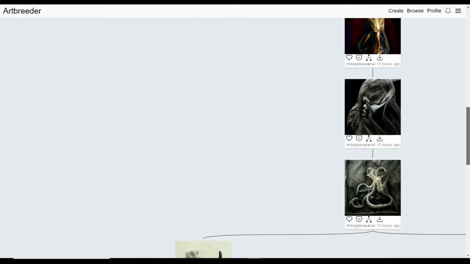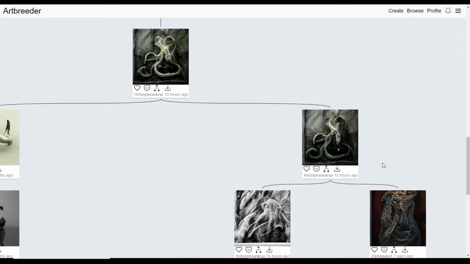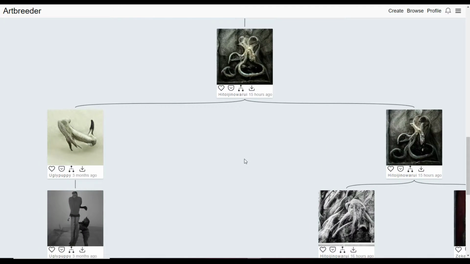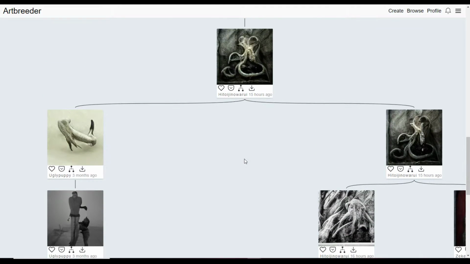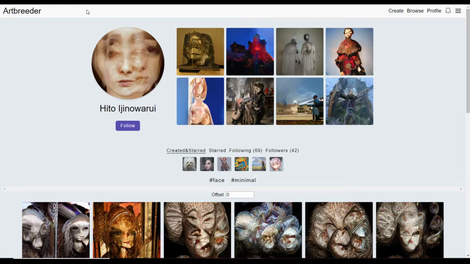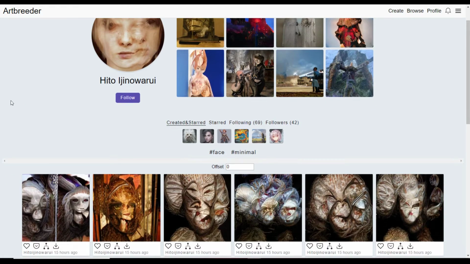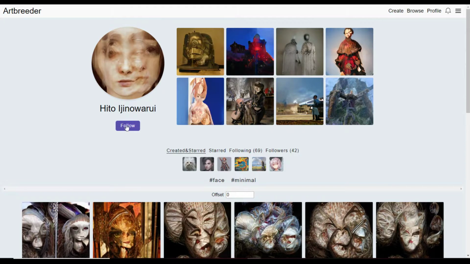They all look extremely eerie. That's just really interesting. And I'll tell you what, this person seems to have a knack for cool images here. Wow. Oh, these are creepy. So I'm going to follow this person.